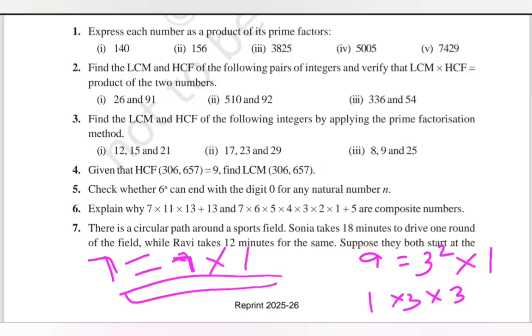If a number has only two factors or fewer, we say it is a prime number. A prime number has the number itself and 1 as its factors, that is 7 itself and 1. But in a composite number there are three factors, 1 into 3 into 3. This is known as a composite number.